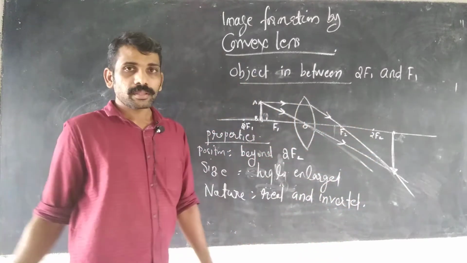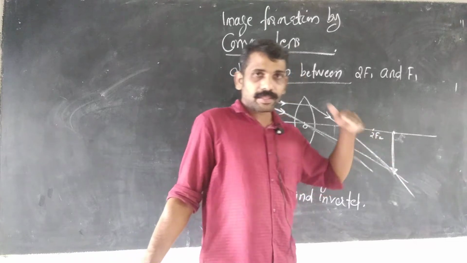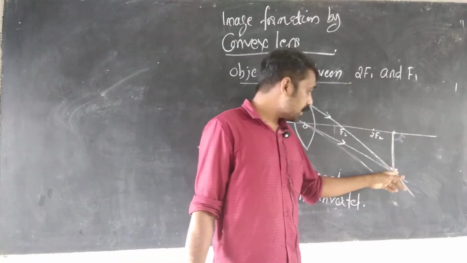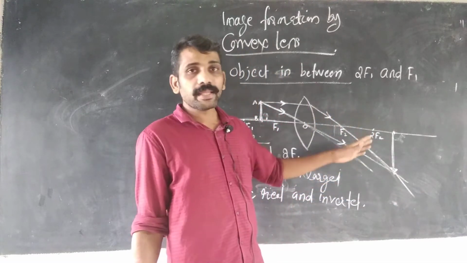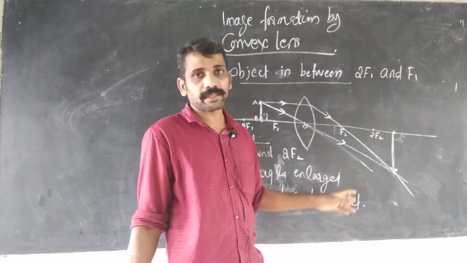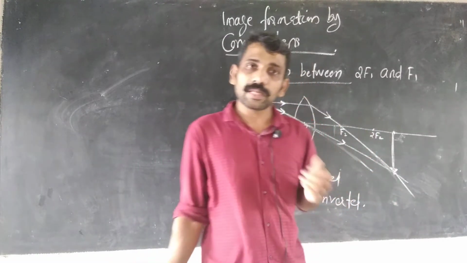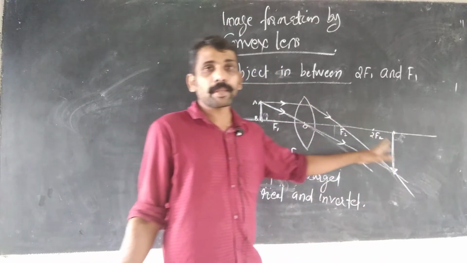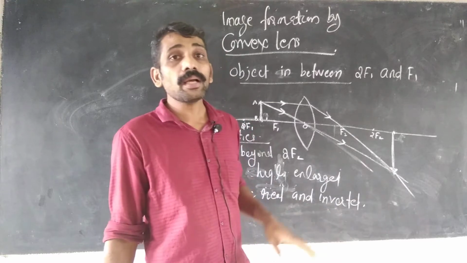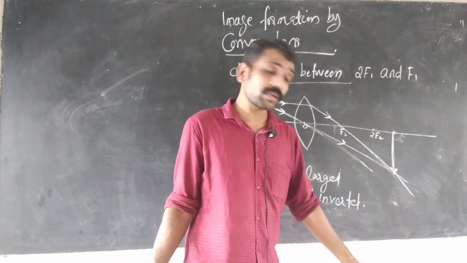Real means if the image is formed by the intersection of actual rays, then that image is called a real image.